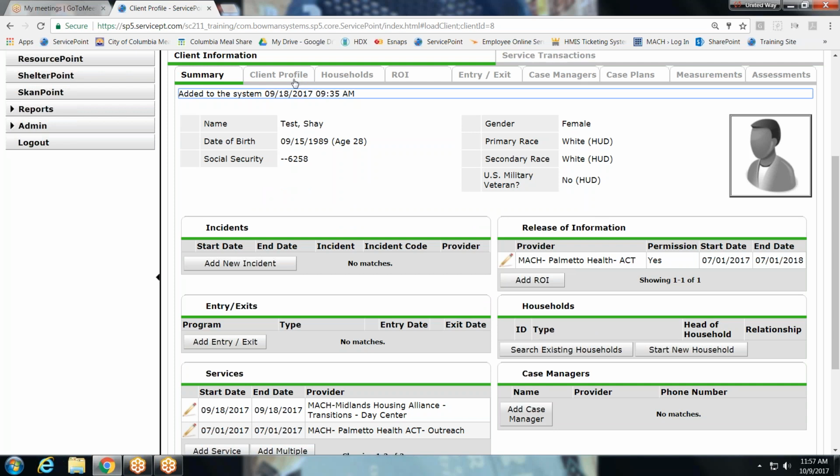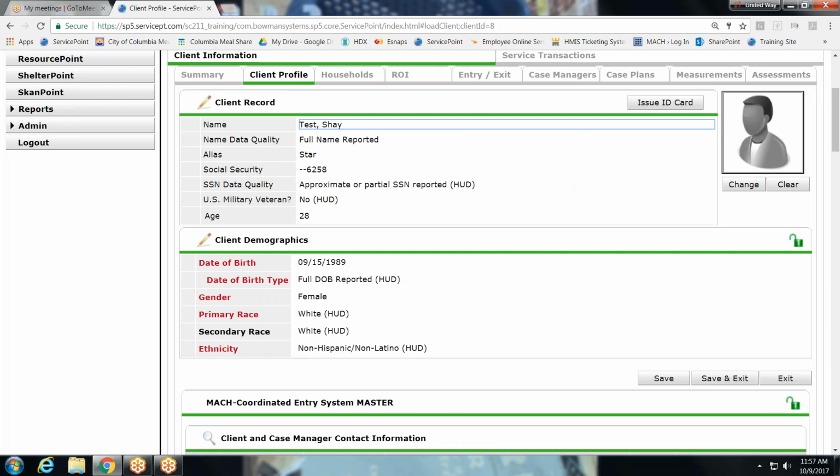All of our BI SPDAT coordinated entry assessments can be found in the client profile. Before you begin the Family BI SPDAT, you need to create the household first. If you're giving volunteers a paper version, there is a section for them to write down all the other household members' names and ages and some information like that. Please make sure it's created before you begin this process, so that we don't forget later on.